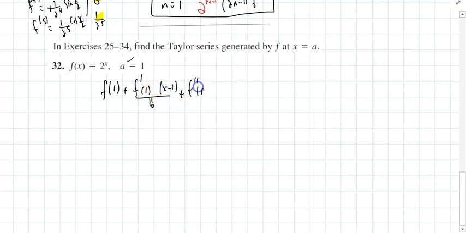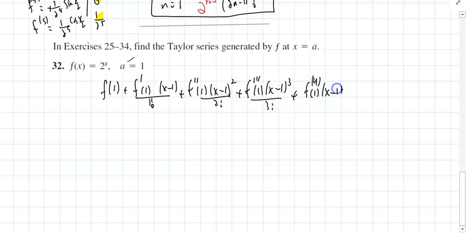F double prime at 1 times x minus 1 squared over 2 factorial, f triple prime at 1 times x minus 1 cubed over 3 factorial, fourth derivative of f at 1 times x minus 1, and the list goes on. So again, I need to figure out what those are.